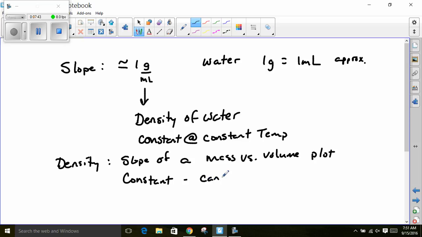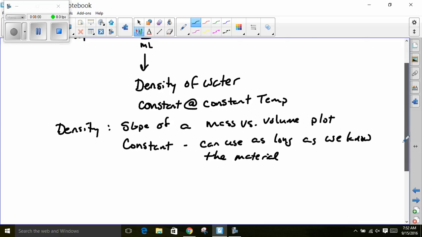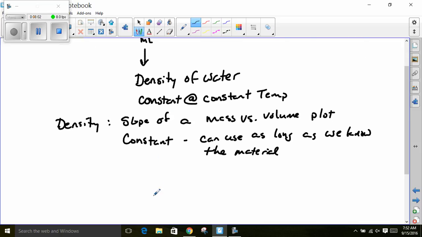We can use it as long as we know the material. So if we know we have water, we can assume that we have a density of 1 gram per milliliter, approximately.